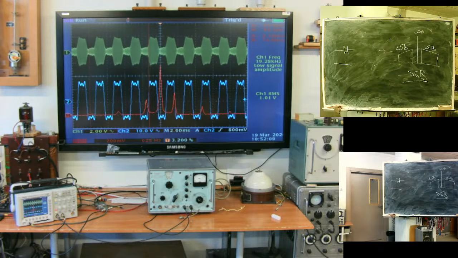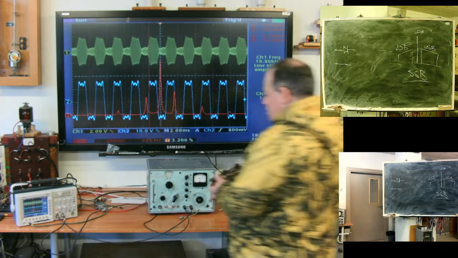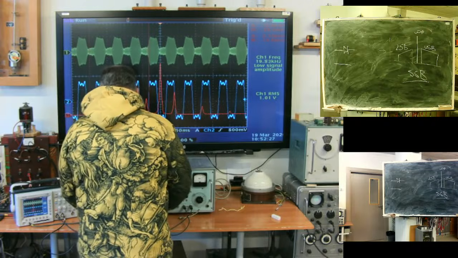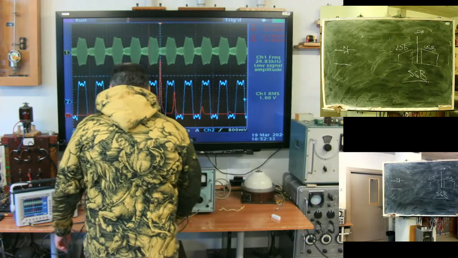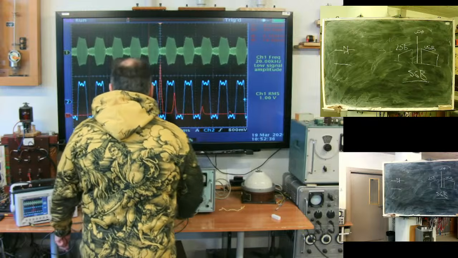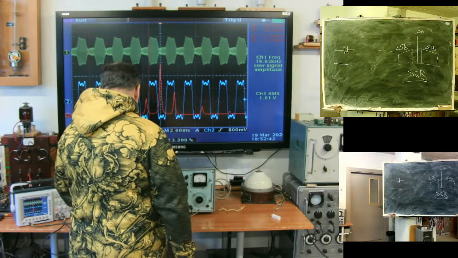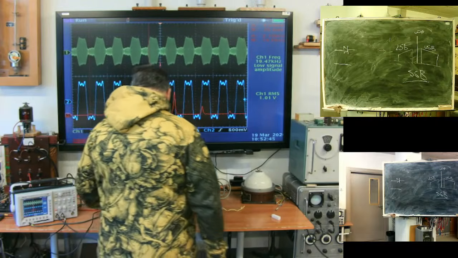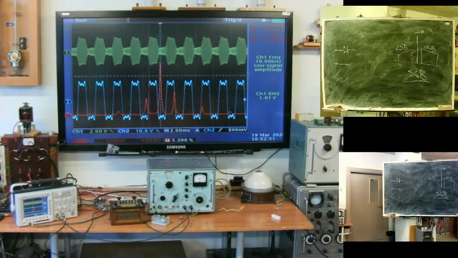And where is my little box with a lot of signals?